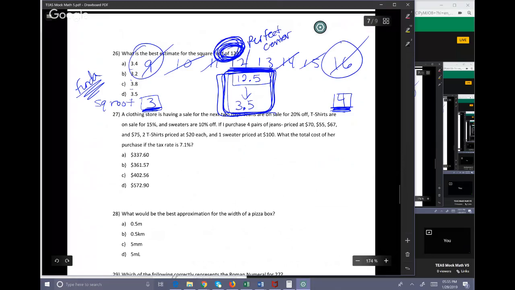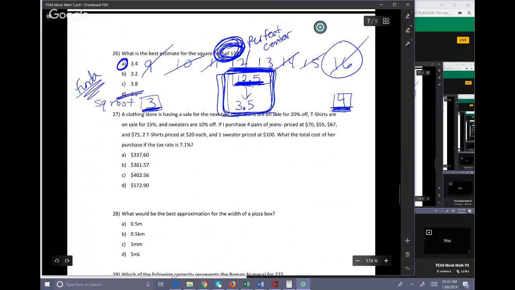Where would that fall? 12 is very, very, very close to 12.5, but it's not 12.5. So when we go to look at our answers, we know it's not D, right? Because we know what would correspond to that exactly, and that would be 12.5. So it's not 3.5, but it's darn close to 3.5. So it's probably going to have to be the one that's 3.4.